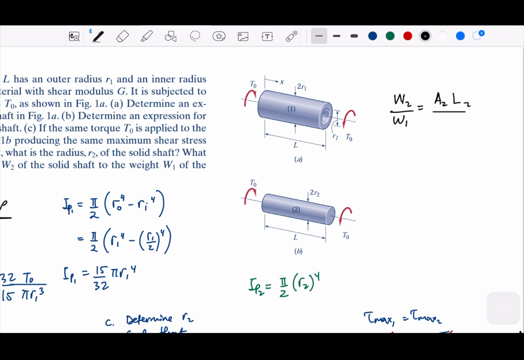For the solid we can write pi R2 squared L, and for this hollow tube we can write pi R1 squared minus R1 over 2 squared L, and this will be 3 over 4, so the pi and L will cancel out.